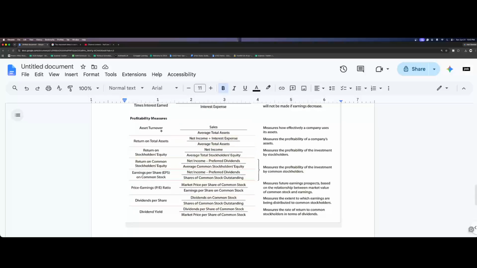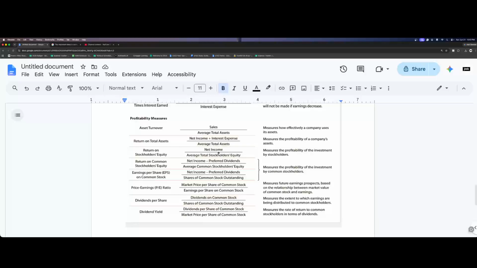And then you guys have all these different profitability ratios, which are really important. A big thing about profitability ratios is that half of it is going to be related to net income, so net income's on the top of it.